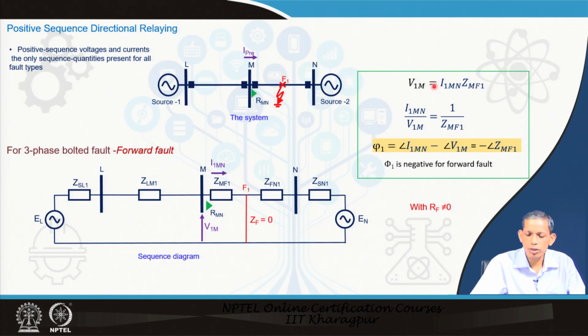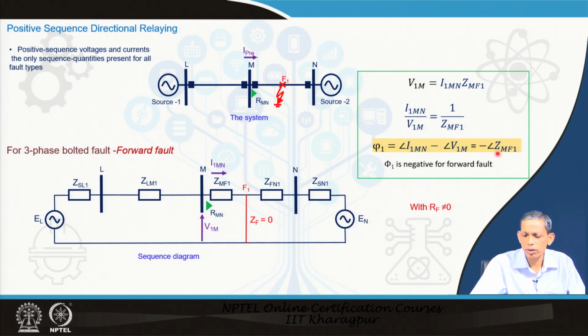So, from this relation we can say that I1mn divided by V1m equals 1 divided by Zmf1. So, defining phi 1 for the positive sequence, the angle of the current I1m, that is the current flowing through the relay, minus the angle of the relay voltage, that equals, if you see from this relation, the negative of the angle of Zmf1, where Zmf1 is the impedance of this portion from the fault to the relay.